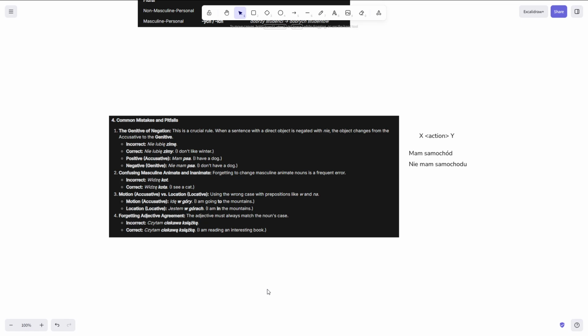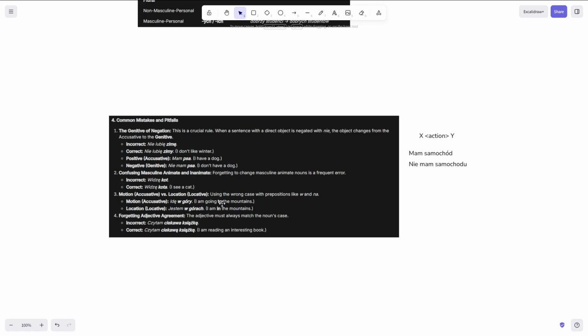Okay? The third one, motion versus location, using the wrong case with prepositions like w and na. So I will also highlight this one at the end of the locative video. But basically what I have already told you. If you describe the motion or going towards somewhere, okay? Idę w góry.